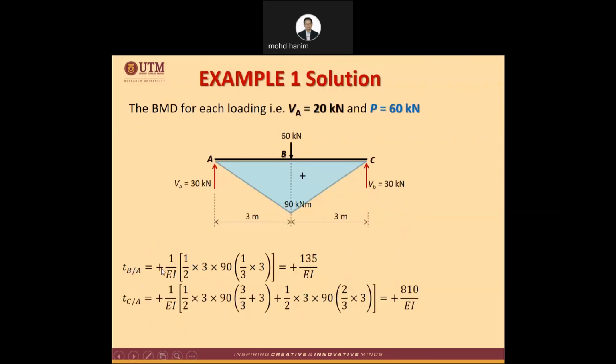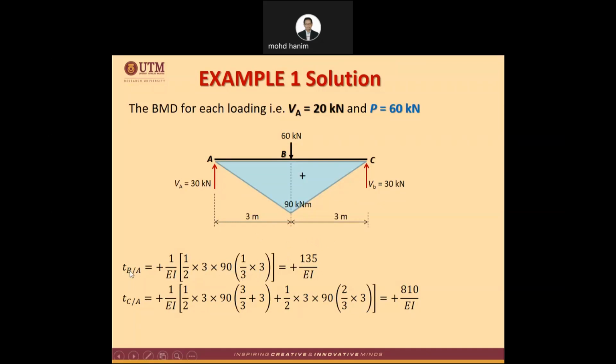TBA is equal to the first moment area, or the moment area multiplied by the centroid distance. This is the area: half times 2, times 3, times 90, times the centroid distance.